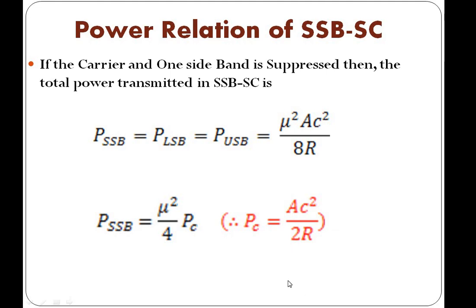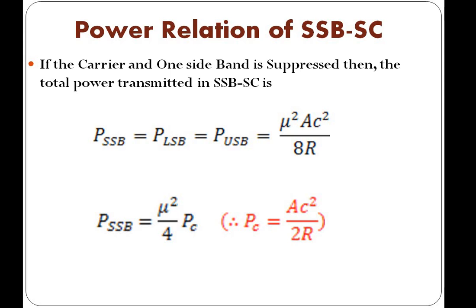This we have already discussed. How do we get this power? V square by R, where this R is given as 2R here. So PC is equal to AC square by 2R. Substituting this, the power of the SSB signal is equal to mu square by 4 into PC, whereas the power of the DSB-SC signal is equal to mu square by 2 into PC.